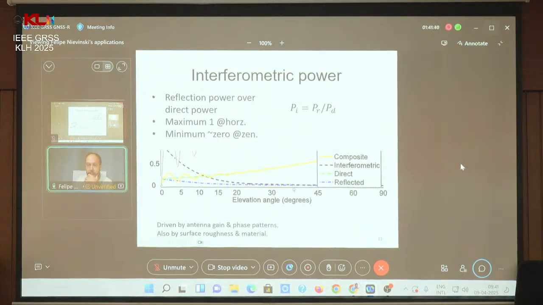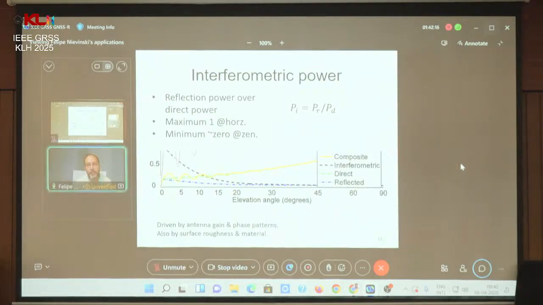Another important quantity is the interferometric power, which is the ratio of reflection power to direct power. It will be a maximum of 1 near the horizon, because the polarization will be the same between the two radio waves, and that will cause the antenna to accept both waves and amplify them in the same way.